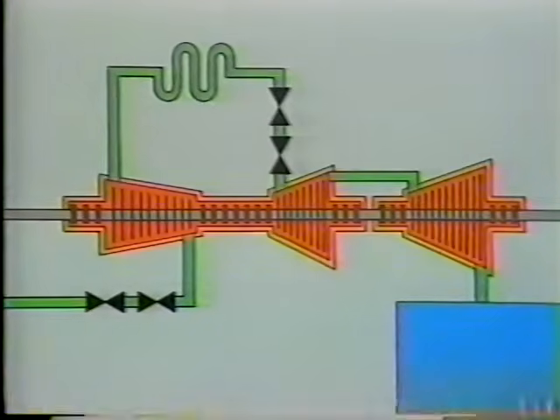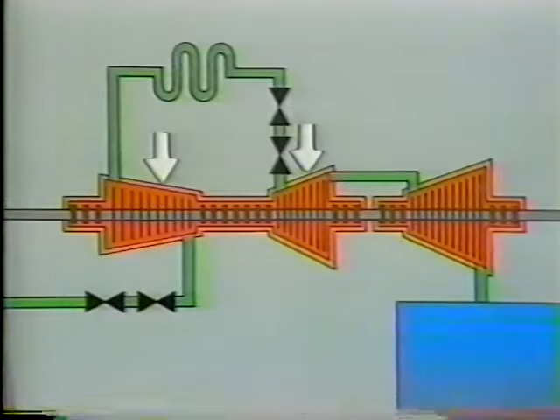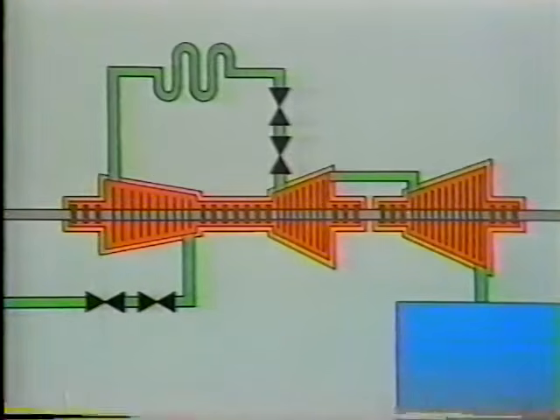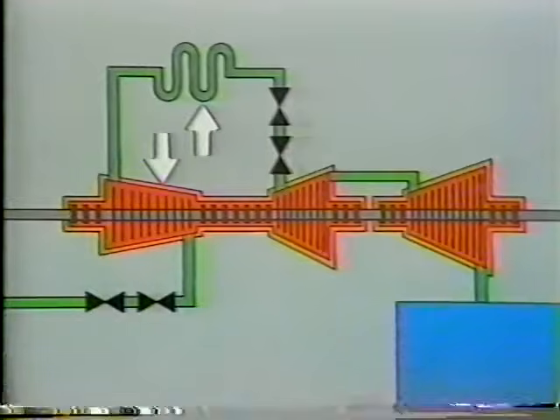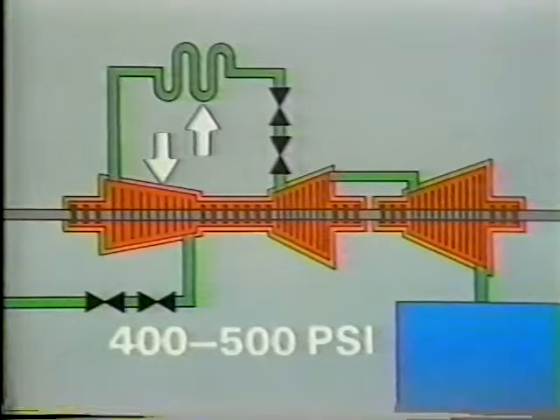During normal operation, the mid-span seal keeps steam from these two sections of the turbine from leaking into each other. As we saw before, when the turbine is tripped, a large volume of high-energy steam is trapped in the high-pressure turbine and reheated. The pressure of the steam in this section is about 400 to 500 pounds per square inch.